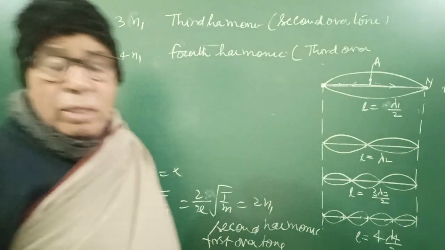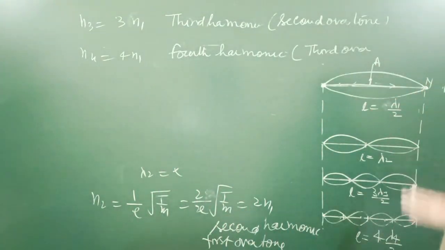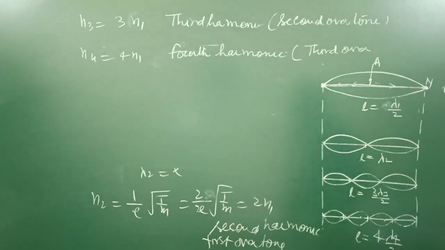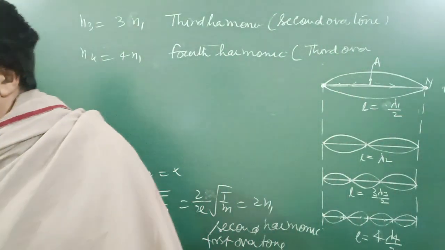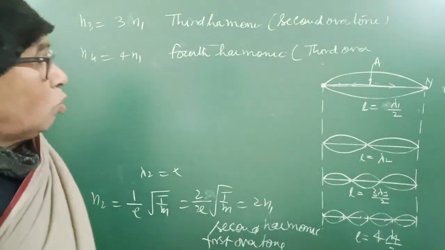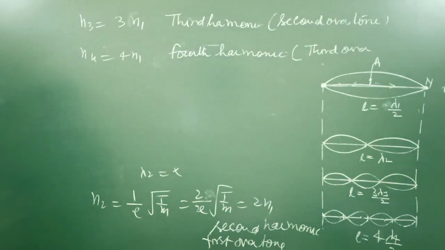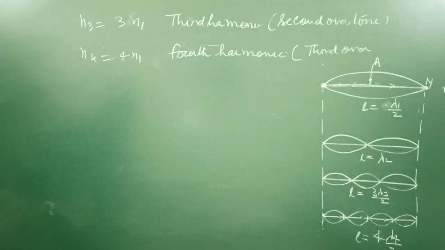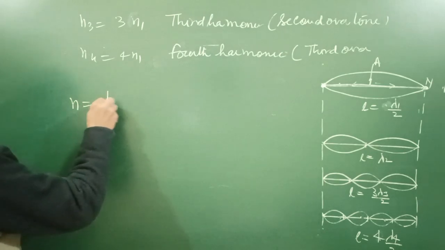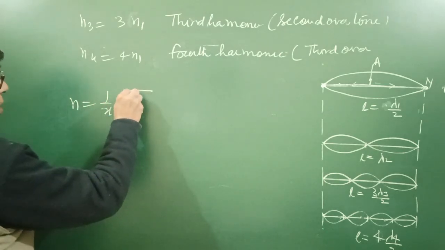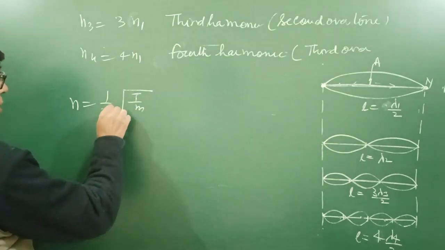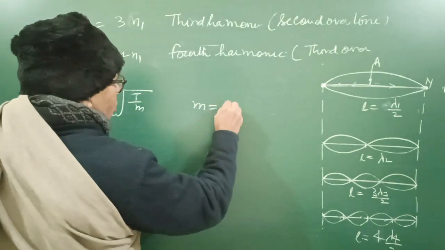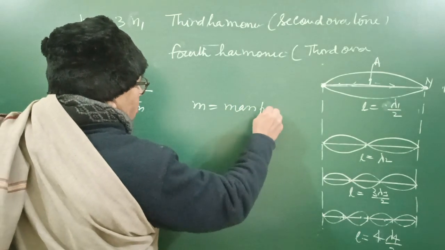But generally, along with this first harmonic, there may be any other higher harmonic also. That is why I told you we are able to distinguish between sounds of two similar organs. The fundamental frequency is 1 upon 2L under root T by M. What is M? M is mass per unit length.